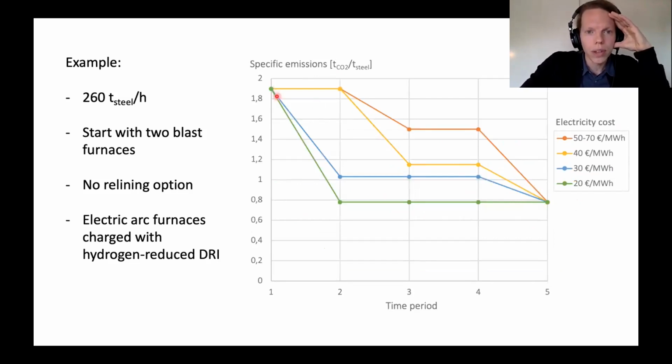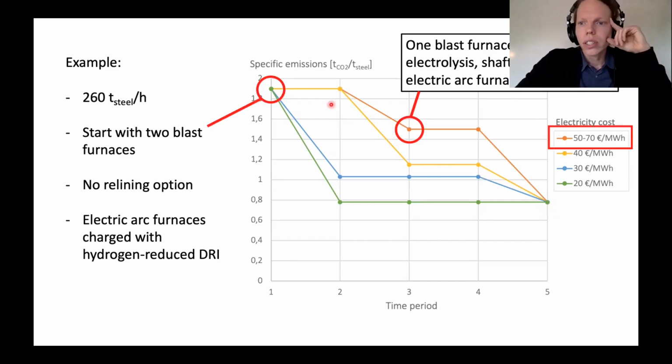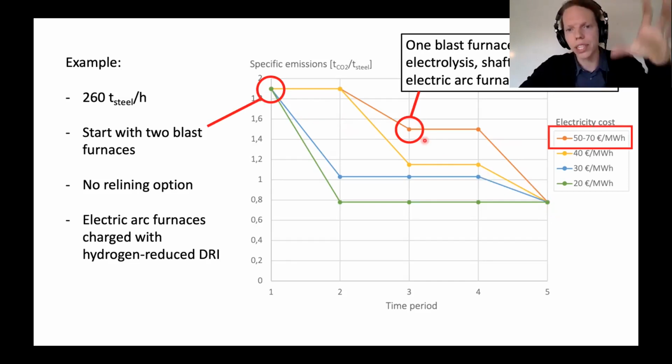So we see here that in each of these solutions, we start from the same point where we have 2 blast furnaces, and we end up at the same point where these are replaced by 2 shaft furnaces and 2 electric arc furnaces. But what happens in between is different in all of these solutions. So with the most expensive electricity cost, we see here that after 10 years, when the first blast furnace is decommissioned, it is replaced with a shaft furnace and electric arc furnace.